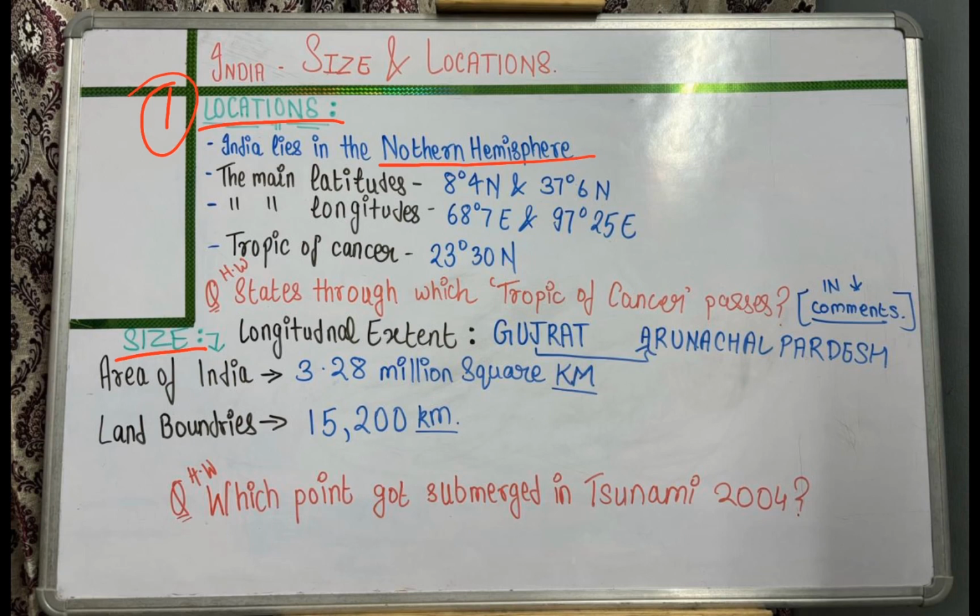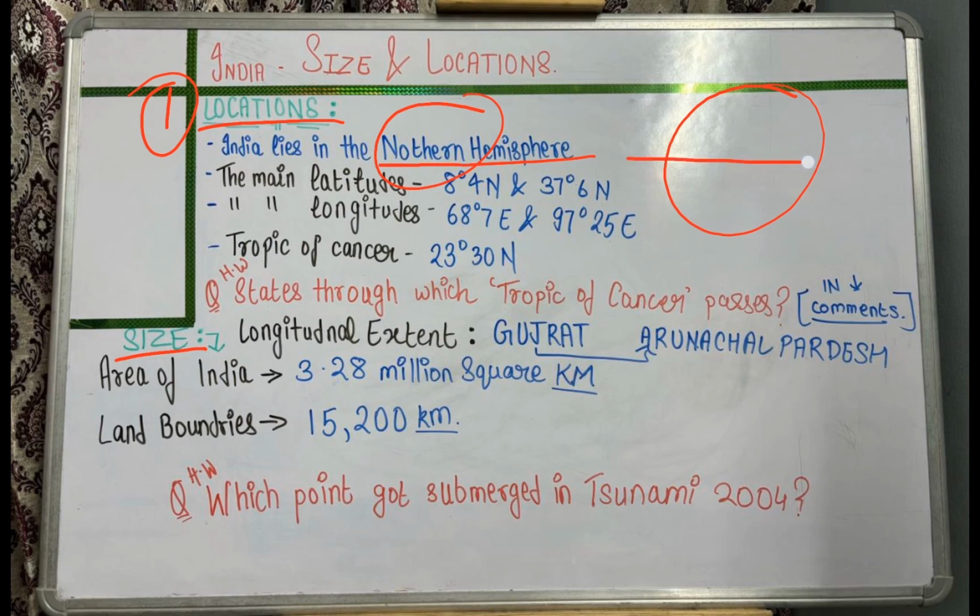You must be knowing that in the latitudinal way, the whole earth is divided into two equal parts. One of the parts is known as the northern hemisphere and another is known as the southern hemisphere. Let me show you with an example. This is our earth.